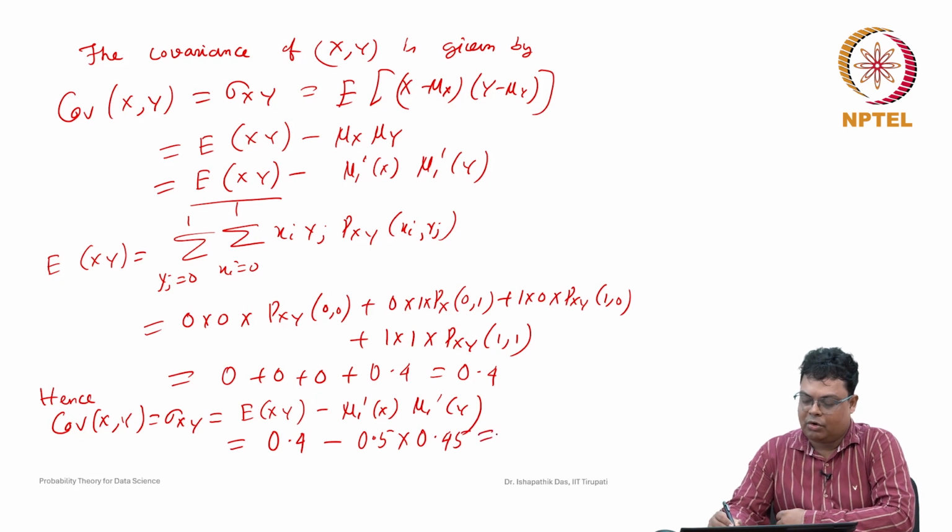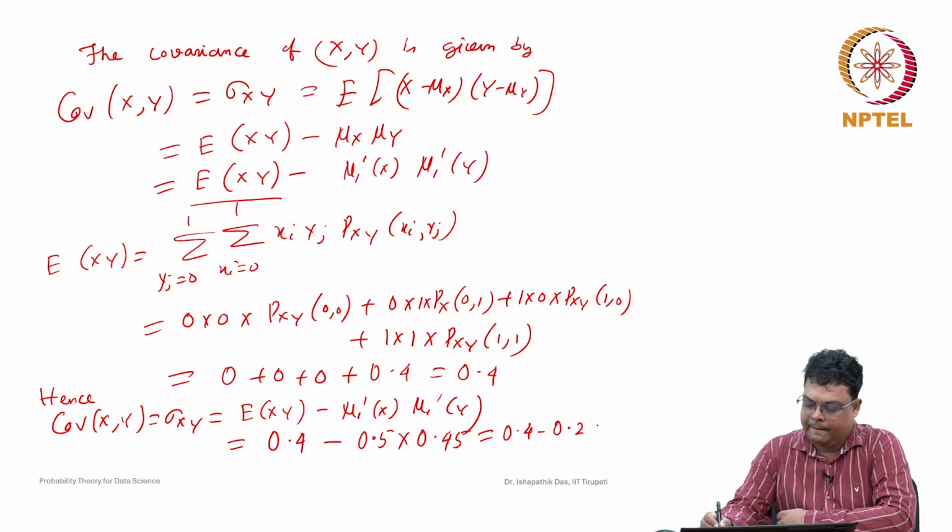Then you just have to compute it: 0.4 minus 0.5 into 0.45, so 0.225. So yeah, I think it is correct.